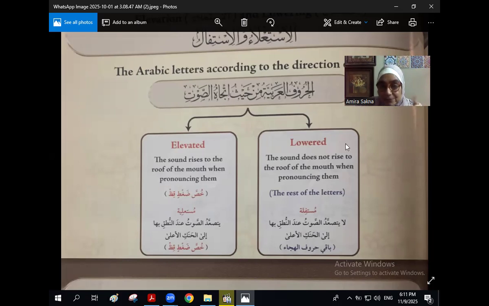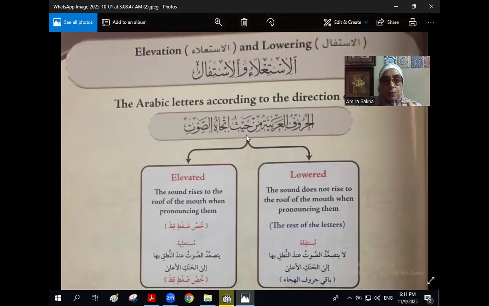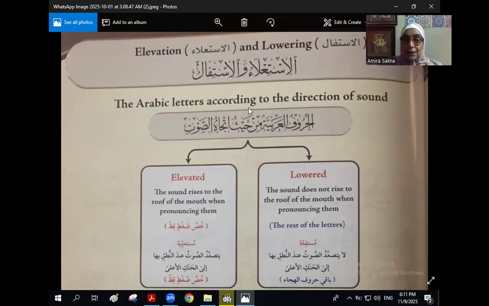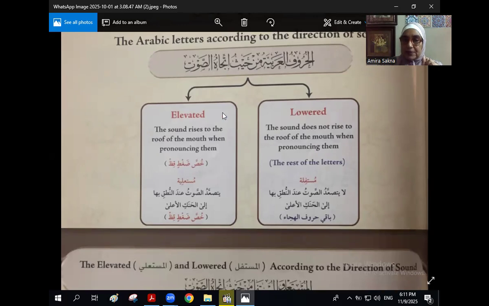Let's read this from the book of Dr. Ayman Swaid. Elevation, الإستعلاء, and lowering, الإستفال: the Arabic letters according to the direction of sound. Here we are talking about the direction of sound. The Arabic letters are divided into two groups: elevated, مستعلية, and lowered, مستفلة.